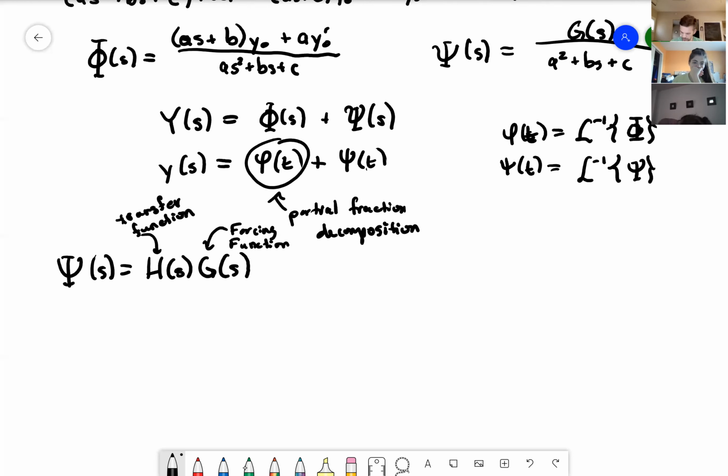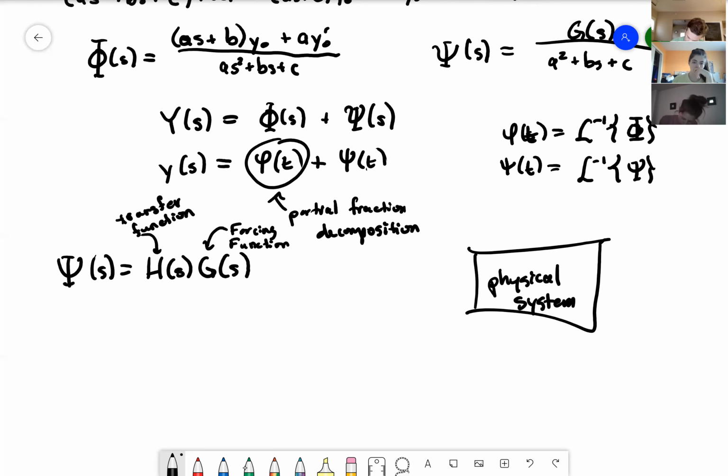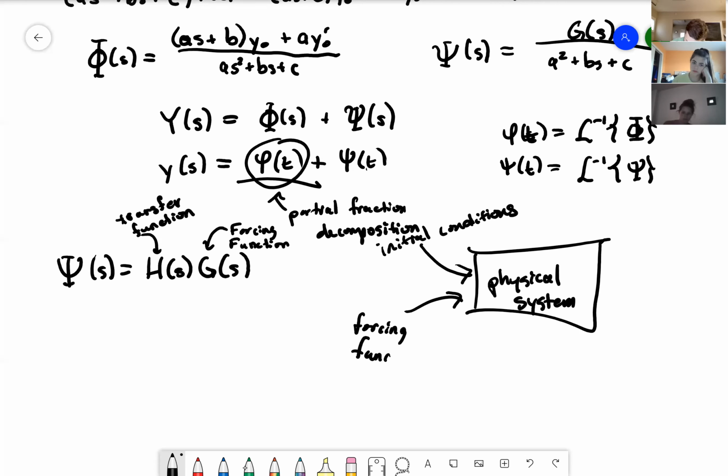And the way we think about this is that we have some kind of physical system. Our input is going to be initial conditions, which we saw how to deal with separately. That's just finding the inverse Laplace transform and getting that part using partial fraction decomposition, and the forcing function. So these are things that we're feeding into the physical system.